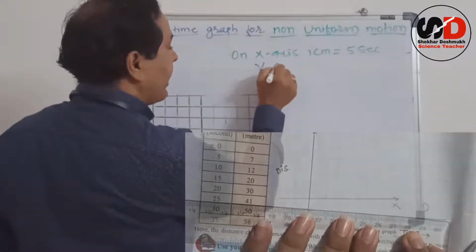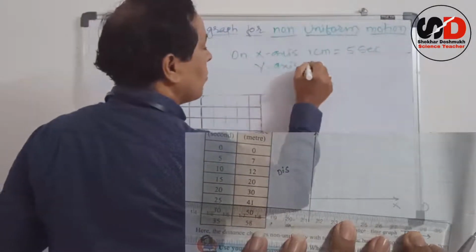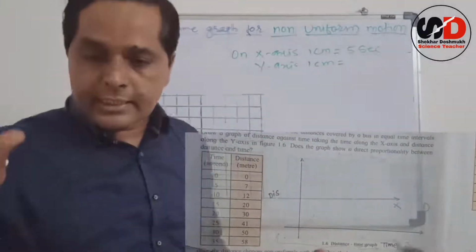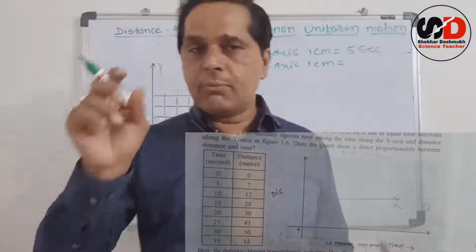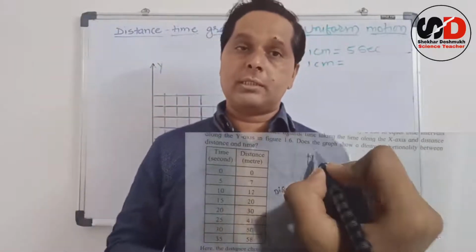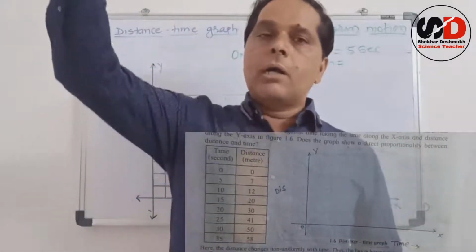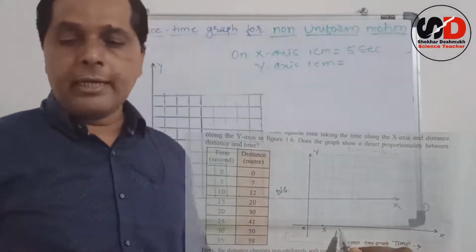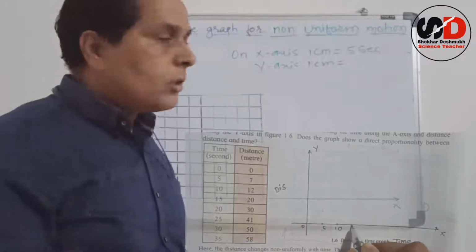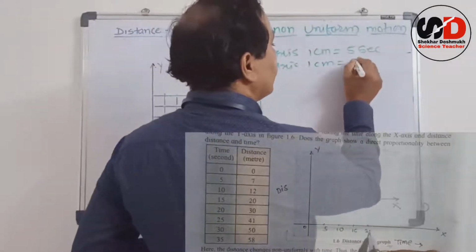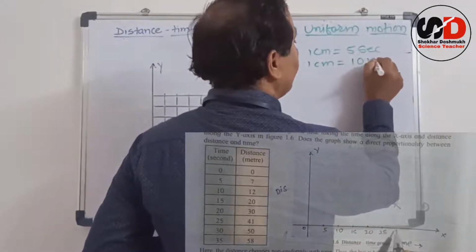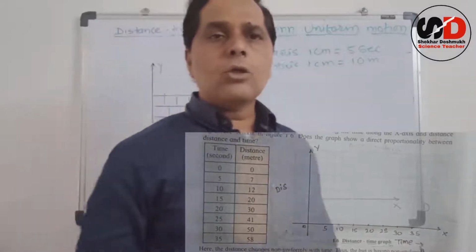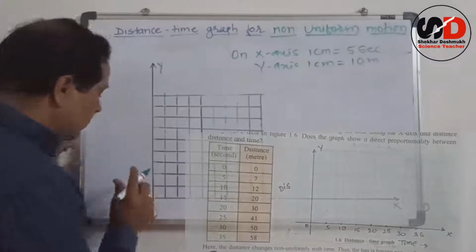On the y-axis, 1 centimeter is equal to, see the readings, the maximum reading is 58 meters. Count the lines which are present on the y-axis and accordingly take the scale. So we will take 1 centimeter is equal to 10 meters. And then draw the graph. Write down in this way.